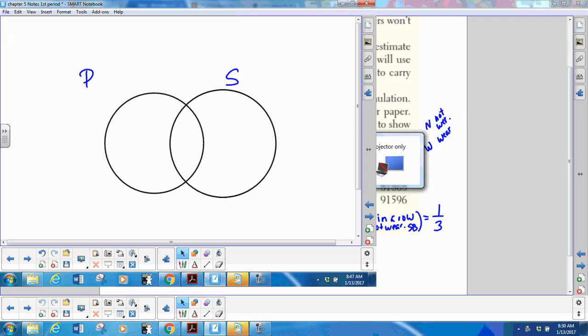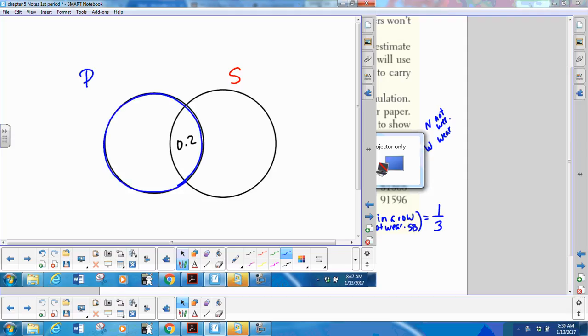Okay, so I always start out with where I know the intersection is going to be, and it says the probability that they will both admit him is 0.2. So far so good? Okay. And the probability that Stanford will admit him is 0.4. It might help if I make those different colors. Okay. And the probability that Princeton will admit him is 0.4.